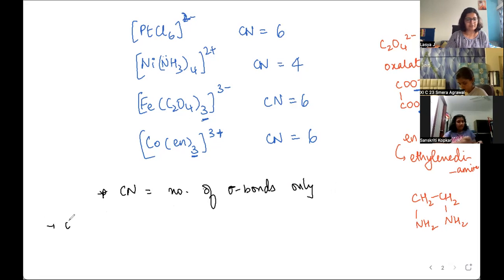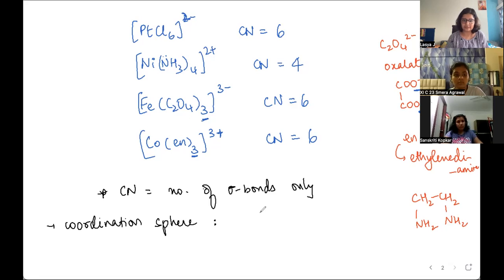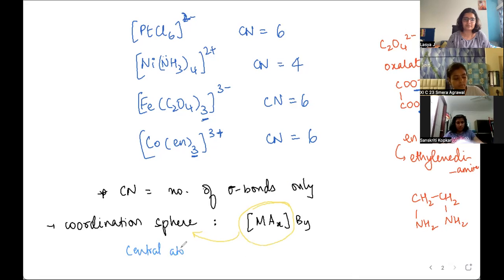Then we have coordination sphere. Suppose we have this central atom with AX, BY. The part enclosed by the square bracket is the coordination sphere. The coordination sphere is the central atom plus ligands, which is enclosed in the square bracket.